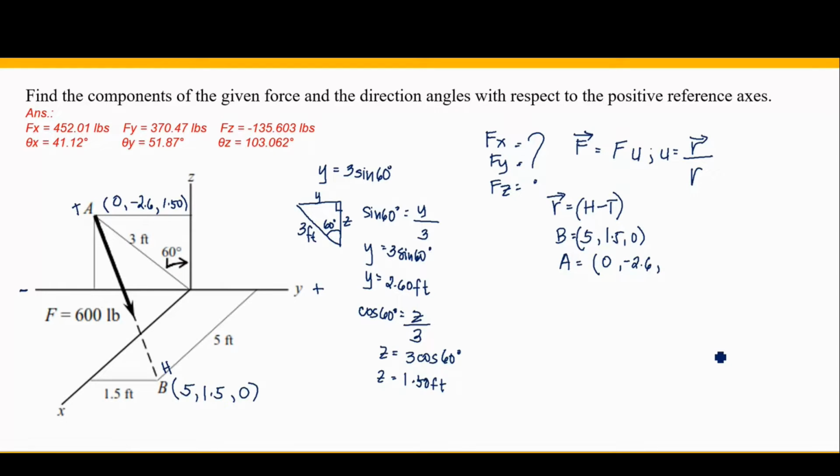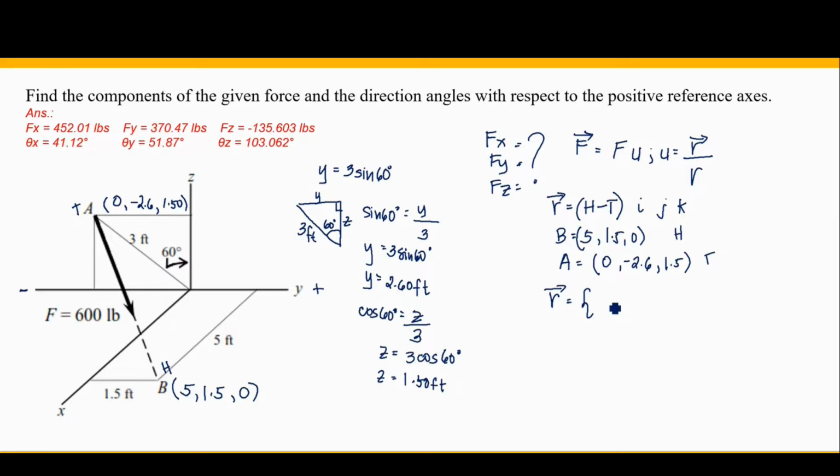So, our tail is (0, -2.6, 1.5). The position vector R is just equal to head minus tail, written in i, j, k. Okay? So we have here 5 minus 0. Head minus tail tayo. Ito yung ating head, and this is our tail.